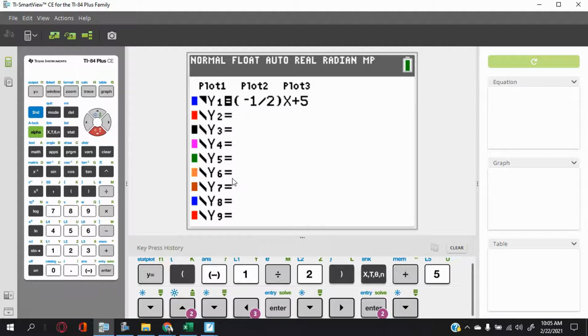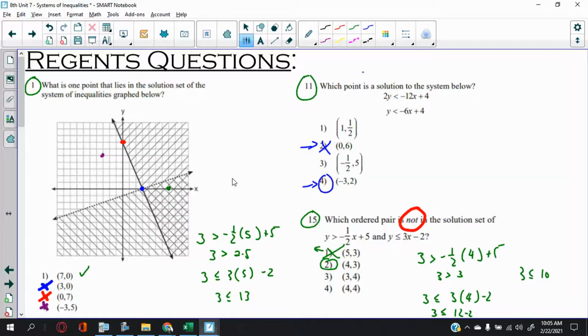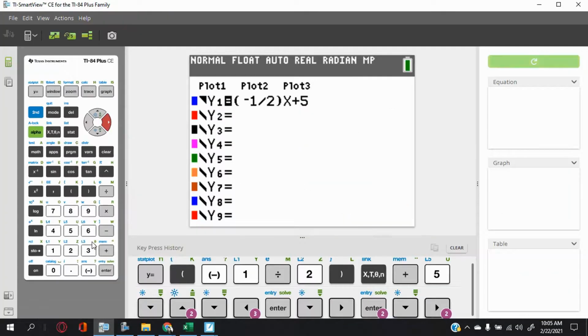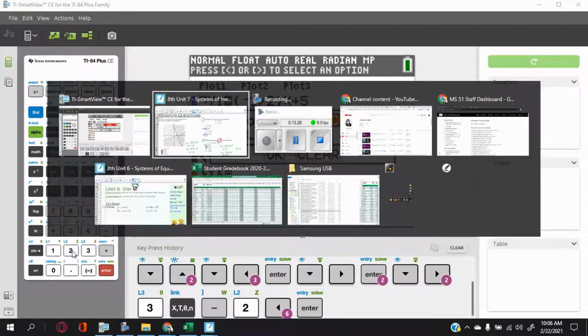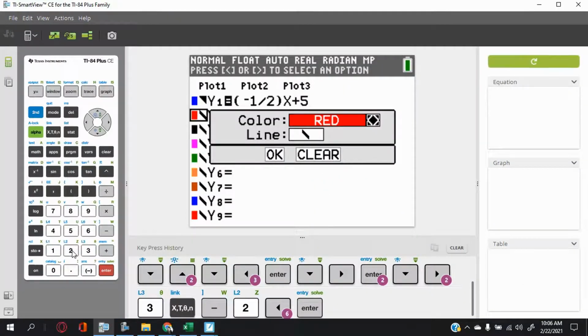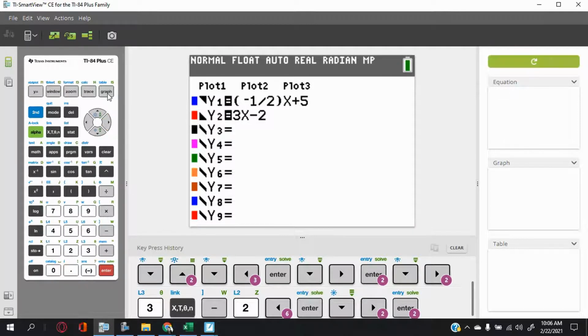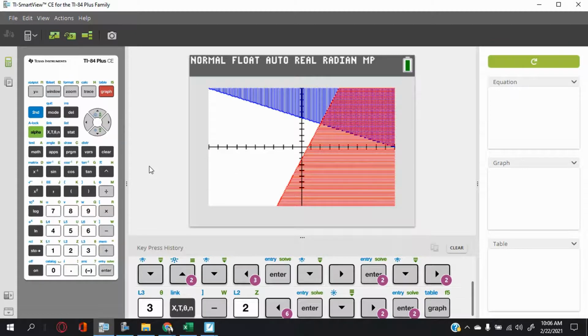And then the second one is 3x minus 2. I'm going to change this to less than or equal to. All right, graph that. And then you can look at it and find the solutions.